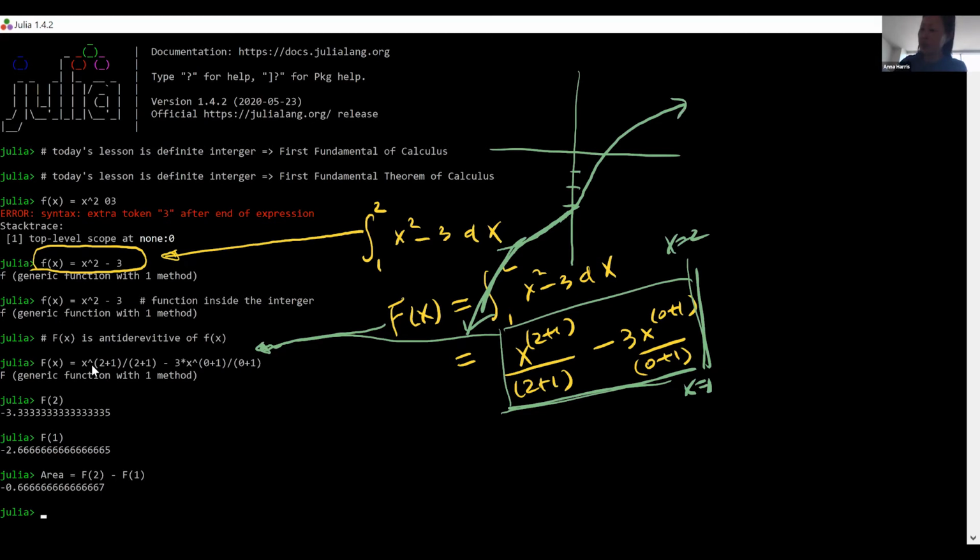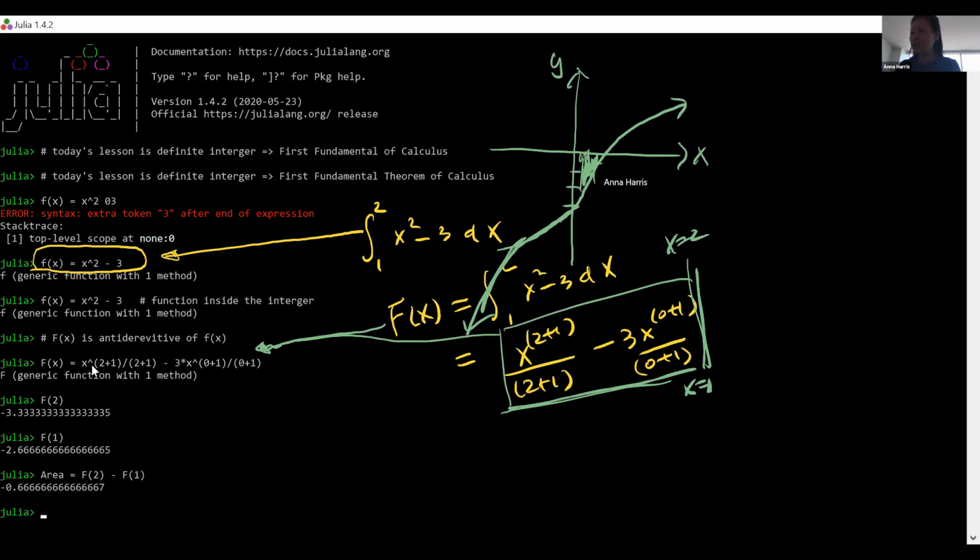So if you have a negative, your graph is under the x-axis, right here.